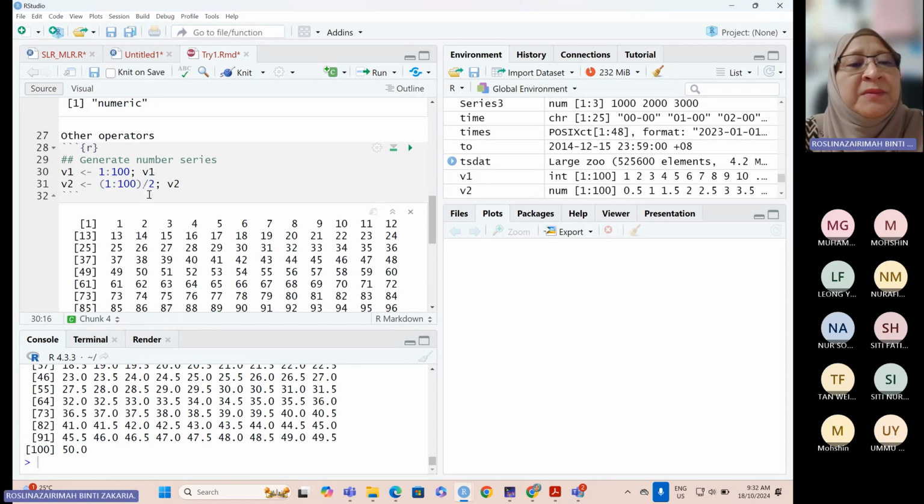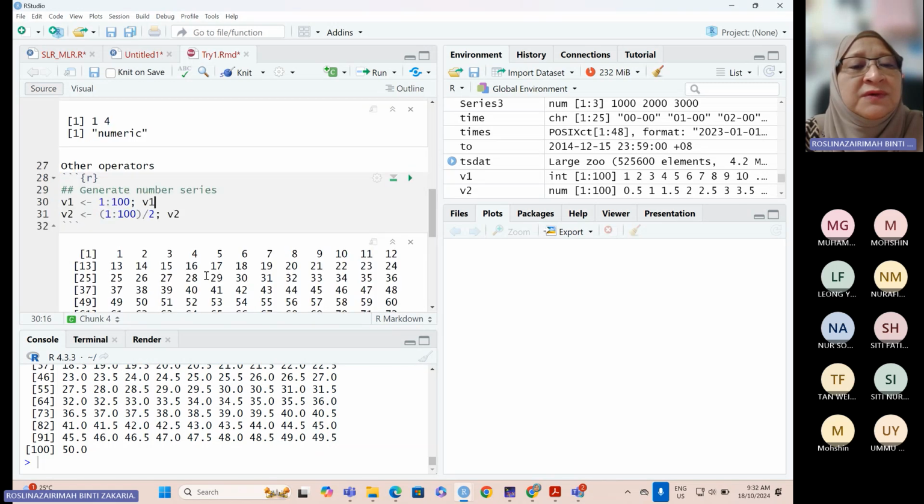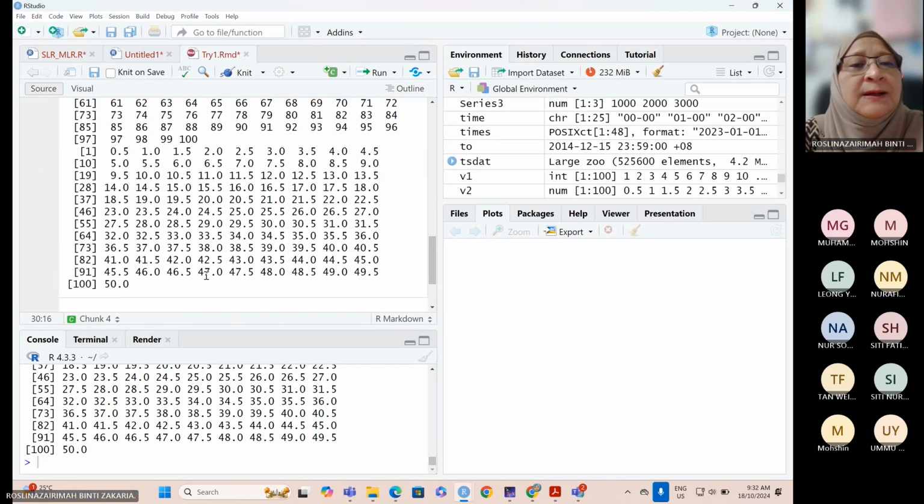And also I'm generating a vector, V2. So there are two sets of vectors that I'm generating. This is 97, 98, 99, 100. The number in the bracket shows the location.